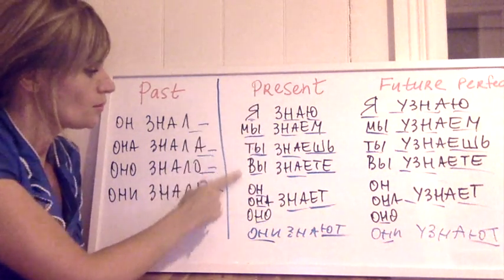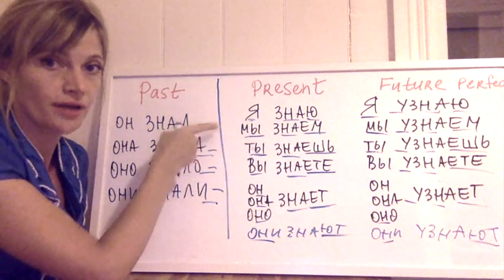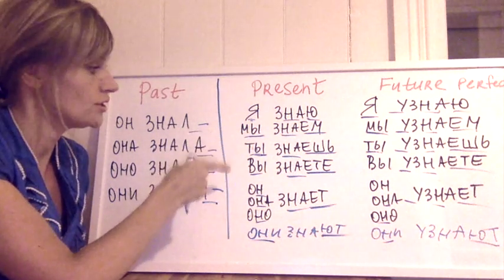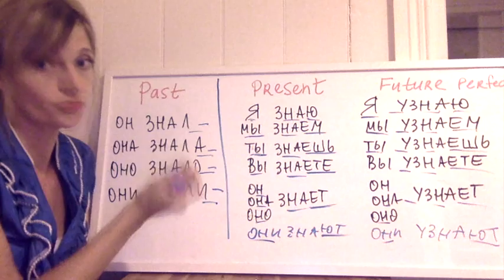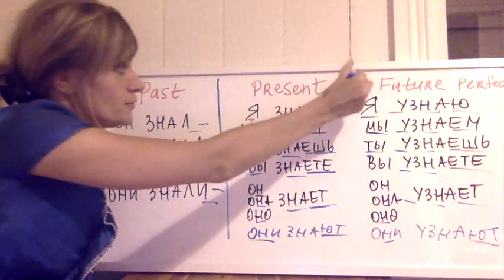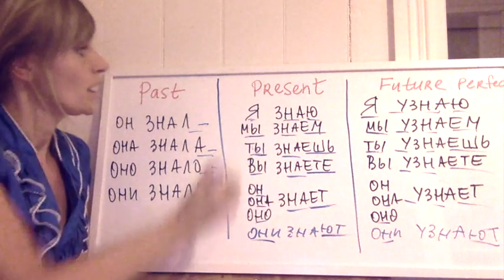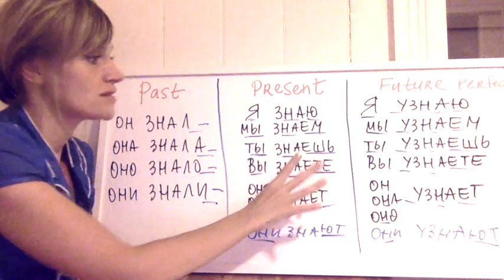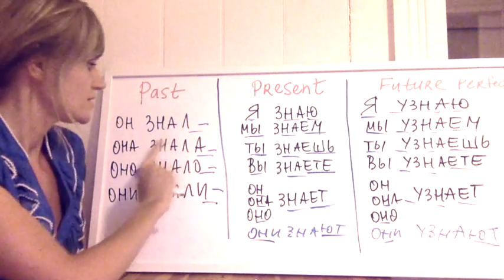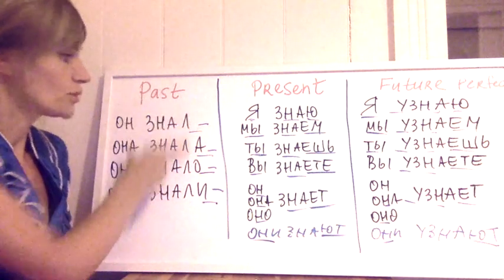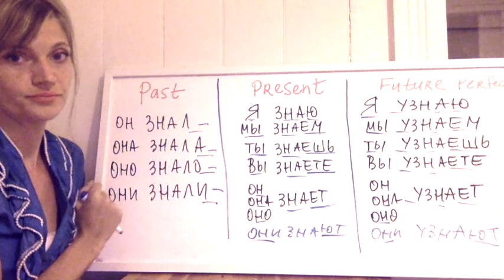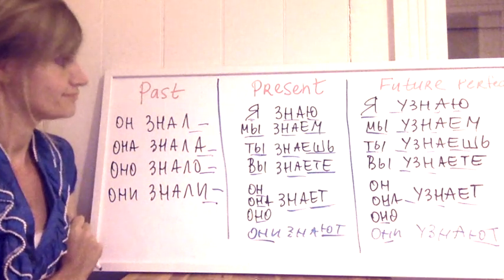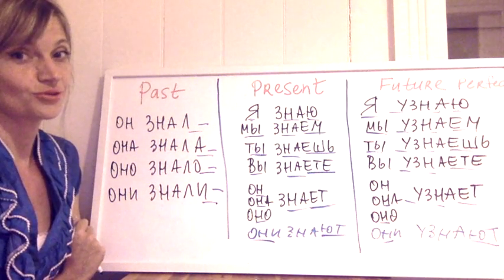Present: personalities, each of them, he, she, it, they, you formal, you informal, and future. Present and future are more similar than past. Past is a completely different formation. Хорошо.